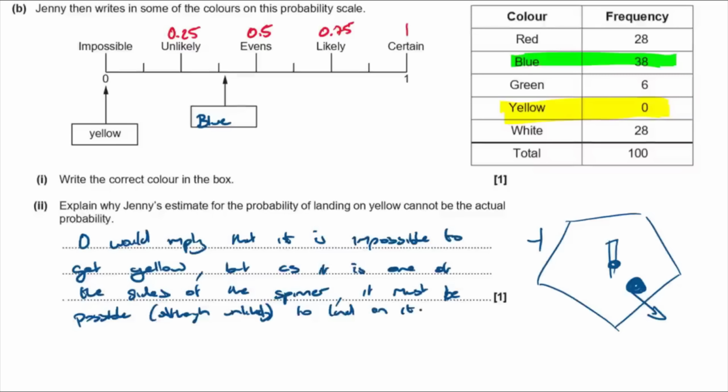Okay, so that's my reason. So it didn't land on yellow in any of those because it does favour the other colours quite strongly, but presumably, if there's some sort of freak wind, it might just fall over onto the yellow at some point. Question 7.